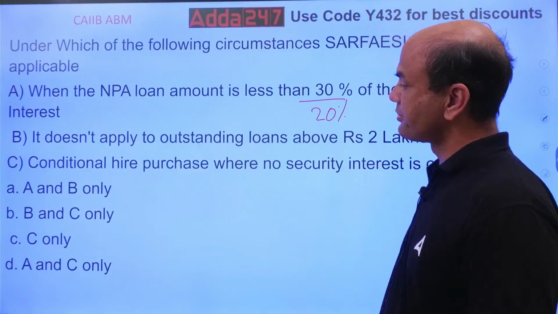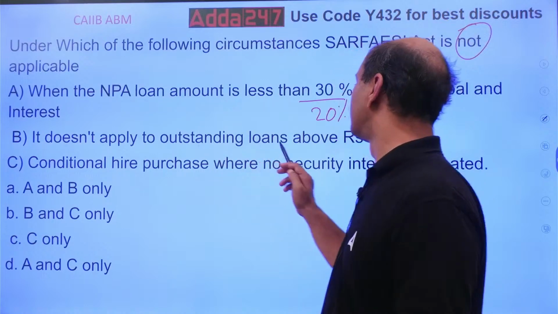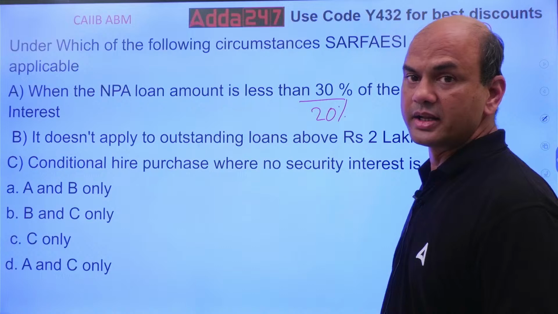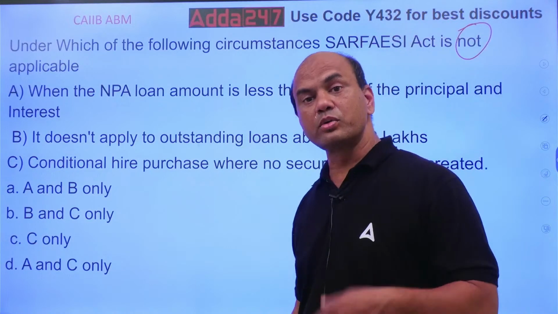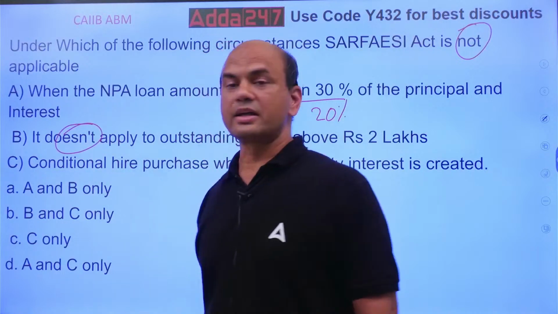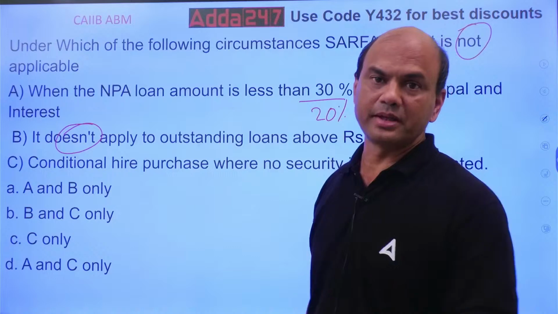Then next, it doesn't apply to outstanding loans above 2 lakhs. The criteria is if it is less than 1 lakh, then it doesn't apply.